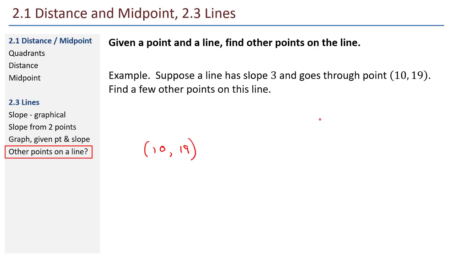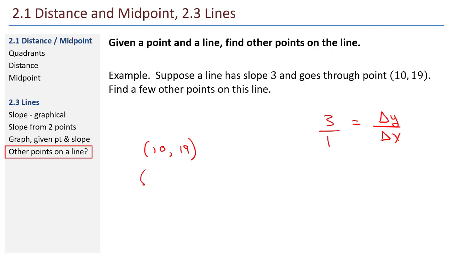Well, slope 3, how is 3 like my change in y divided by change in x? And here's where it's nice to remember that 3 can also be thought of as a fraction, 3 over 1. So this is telling me that as my x increases by 1, the y will increase by 3.